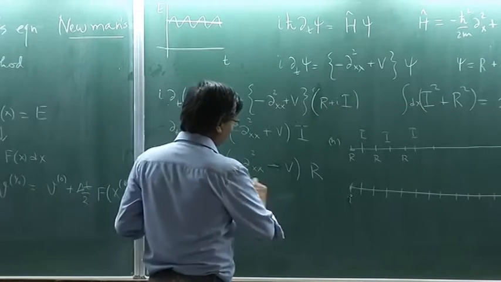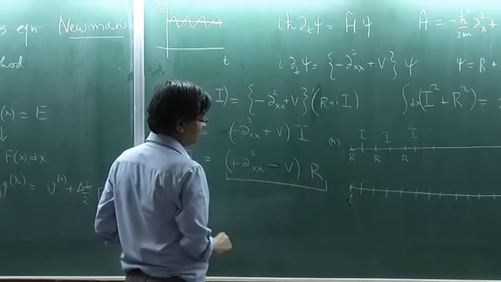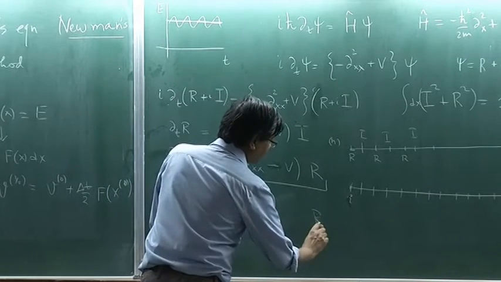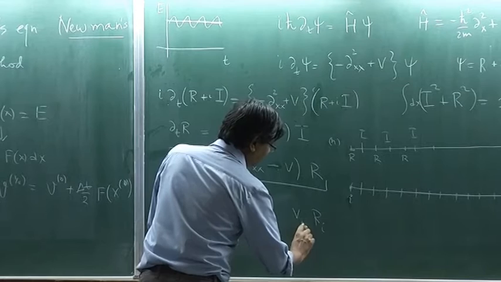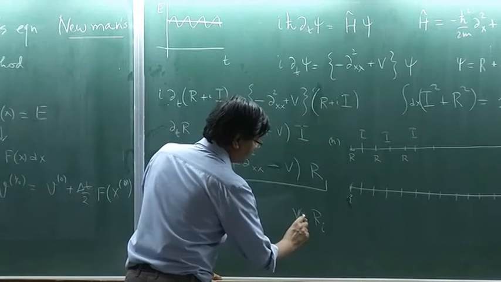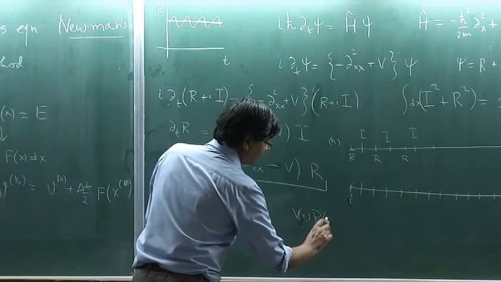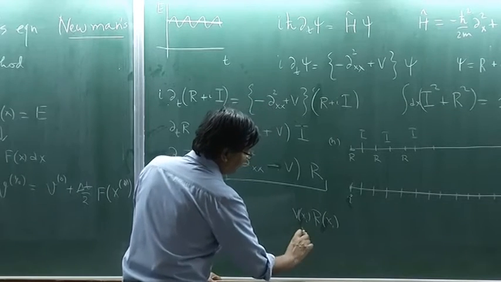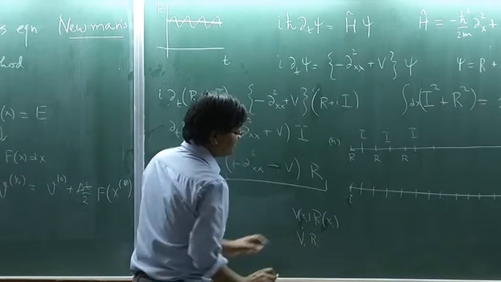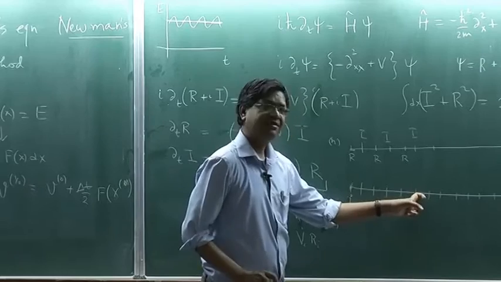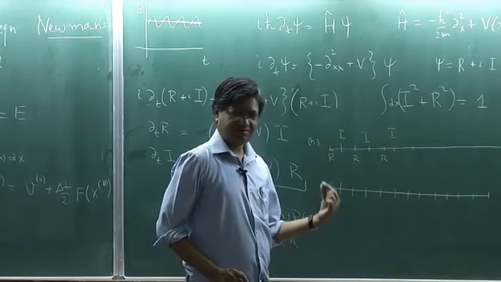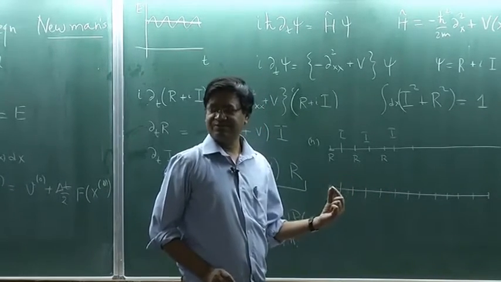What does this become? This becomes R_i V_i, V at x_i, R at x_i. This is the same as V_i R_i, right. So at some i I have the potential and the wave function real part.